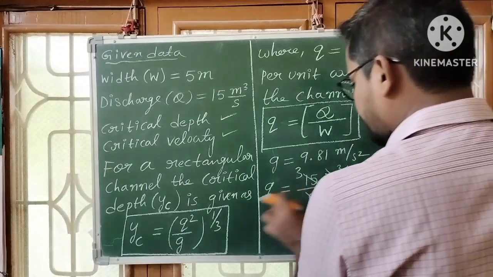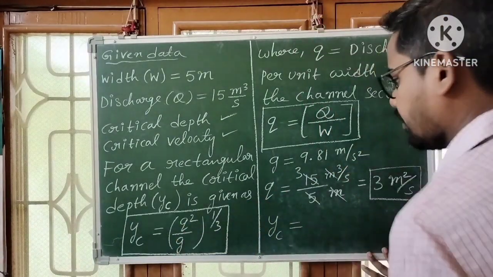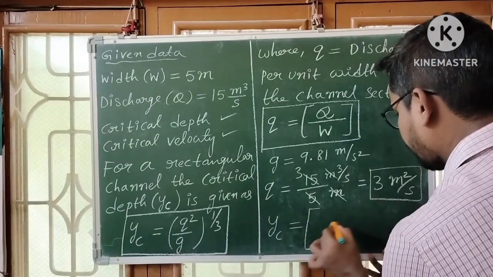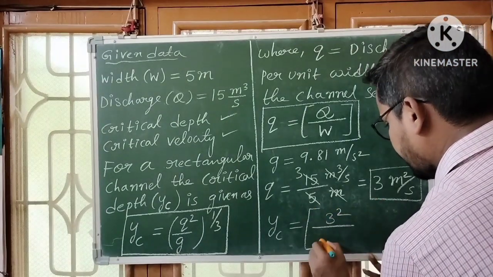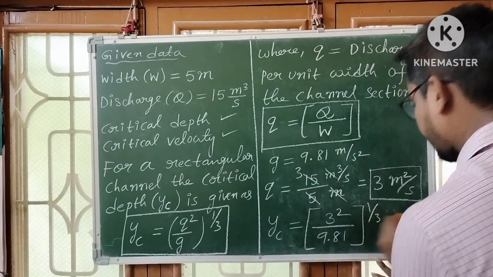Now let us substitute this value here. You will get critical depth. Critical depth yc is equal to q square, meaning 3 square, by g, value 9.81 acceleration due to gravity, whole power 1 by 3.